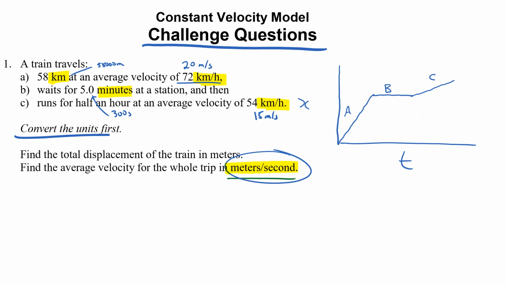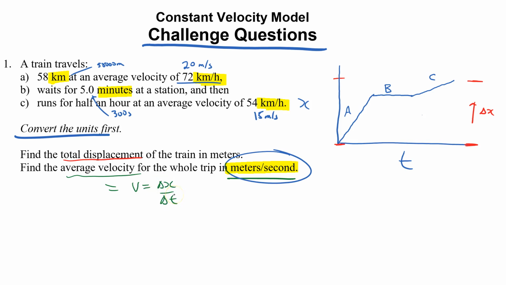And then the question is, what is the total displacement? Well, that would be this section here, all the way from where we started to all the way up here. That would be the total displacement. And the other question is, what's the average velocity? Well, remember our model, average velocity equals delta x over delta t.